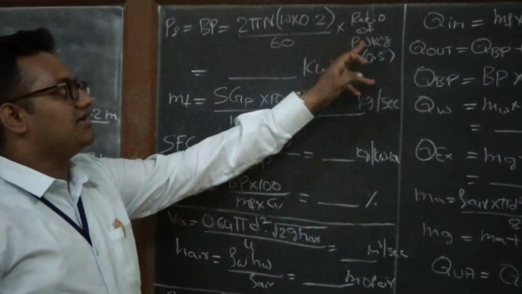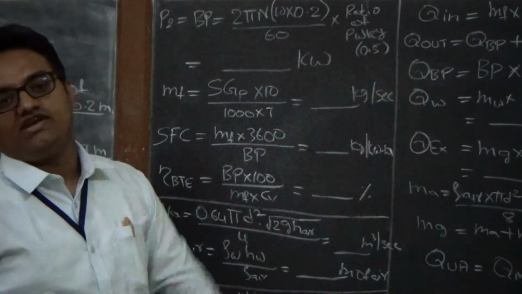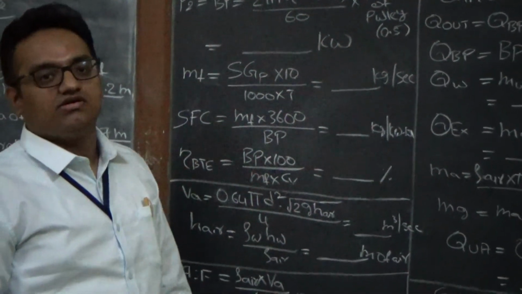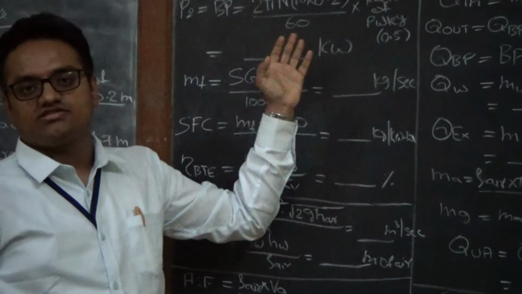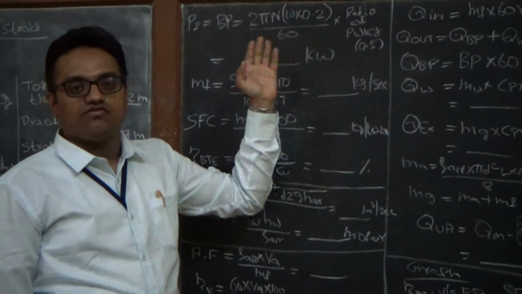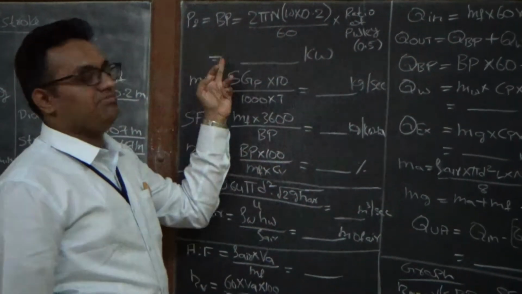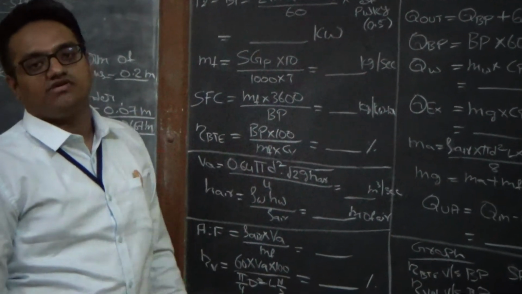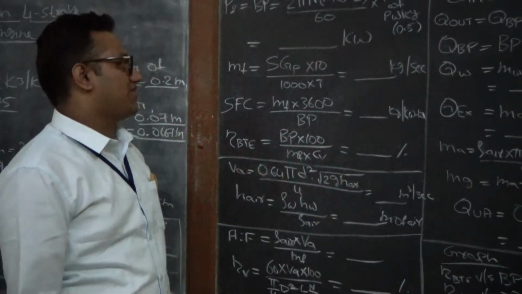We have the ratio of pulleys, 0.5, which is basically 75 mm by 150 mm. By substituting the values for each trial, for each load, we will get the BP of that particular load. Brake power is also called brake horsepower.